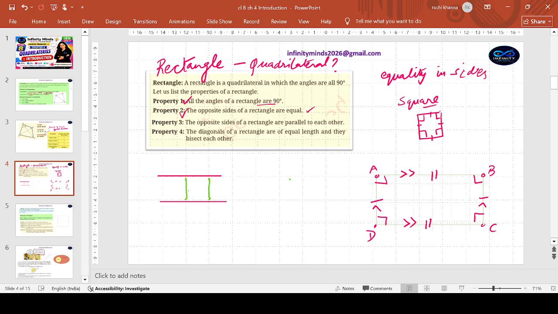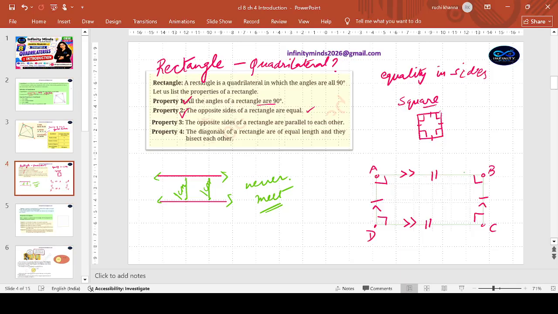The distance here, for example, if it is 1 centimeter, would be 1 centimeter throughout. Lines which never meet are referred to as parallel lines.